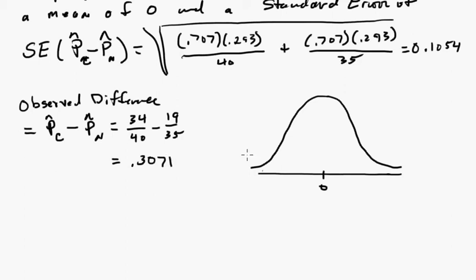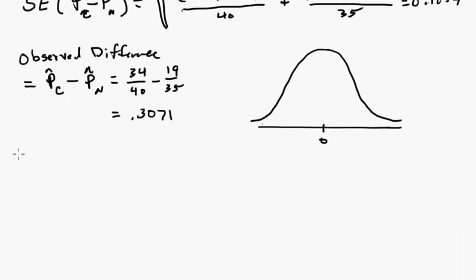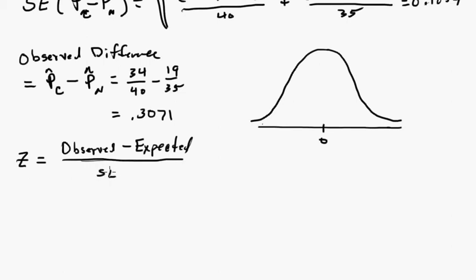So now let's see. It's probably just easier to go straight to z. Let's just see how far away that is in standard deviations. What we want is the observed value minus the expected, divided by the standard deviation of the model, and here we have to use the standard error.